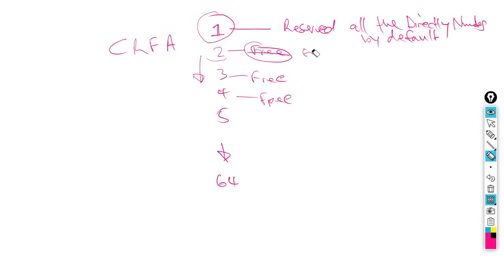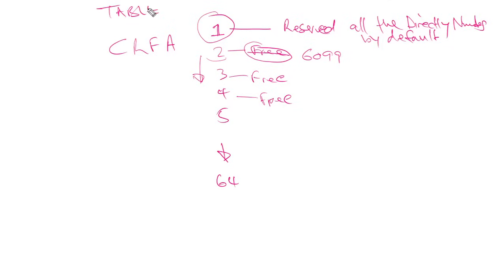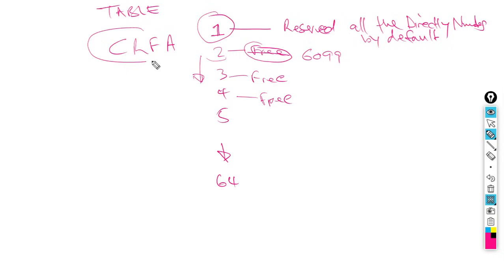So we are going to put the hunt group number here, which is hunt group 6099. This is a table. Let's just say this is a table called Call Rerouting First Alternatives. And on row number 2 of this table, we are saying reroute to 6099.